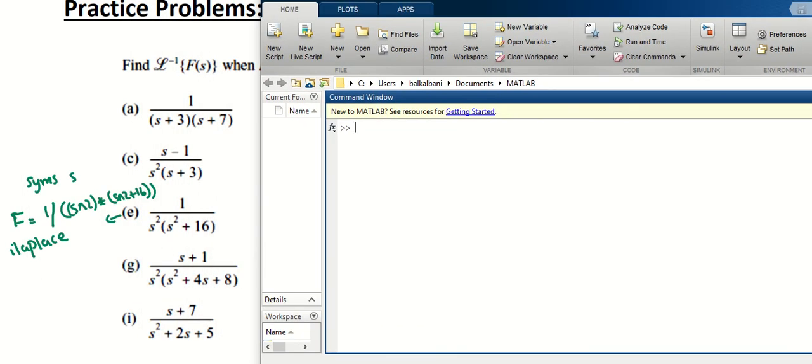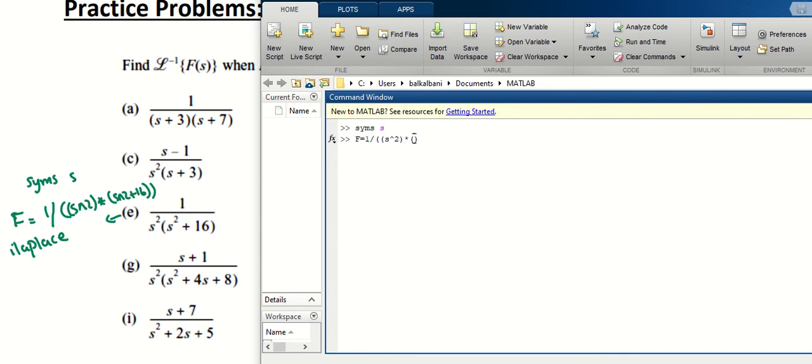Okay, so SYMS space S, enter, then F is equal to 1 over S to the power 2 multiplied by the denominator.